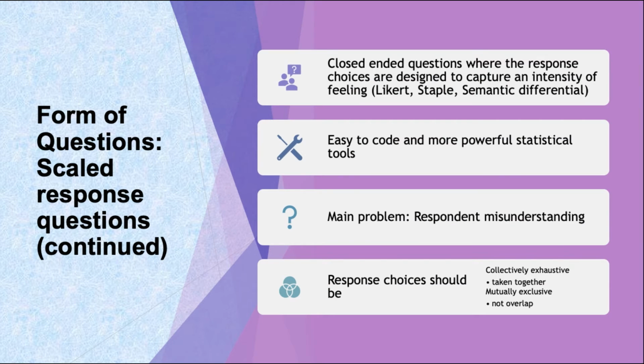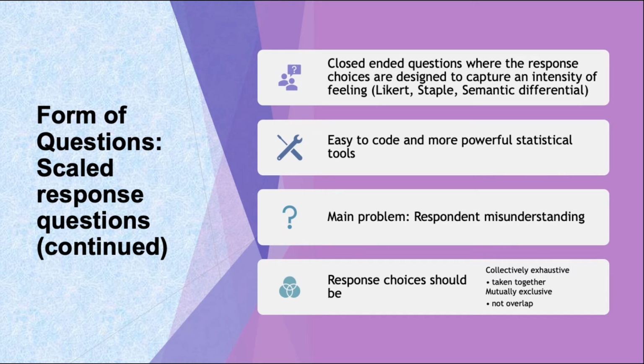Then there are closed-ended questions where the response choices are designed to capture the intensity of feeling, like a scale, stepper, or semantic differential. It is easy to code and a more powerful statistical tool to interpret. The main problem is respondent misunderstanding.